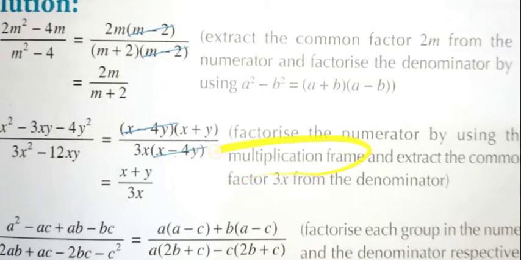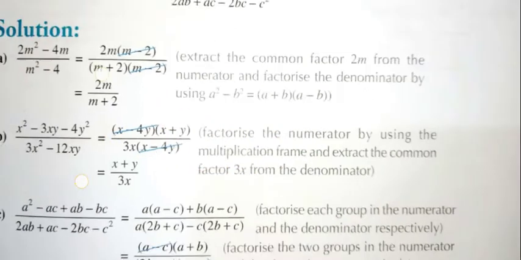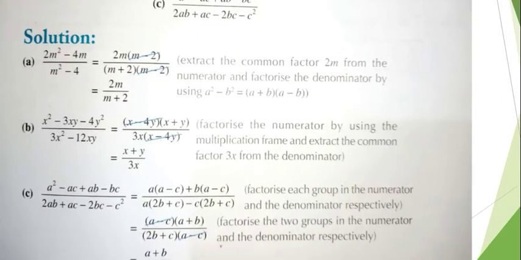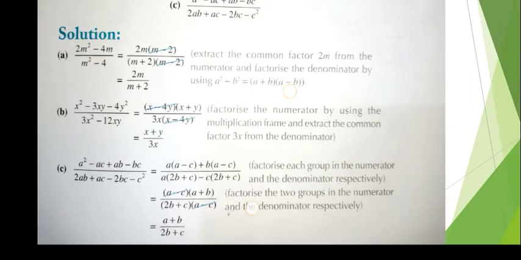I don't really use this, it's just the bracket thingy. So find two numbers: when you multiply them, you get the last one, and when you add them, you get the middle one. So remember, use that one. And for the denominator, you just pull out common factors, and then cancel out the identical brackets.